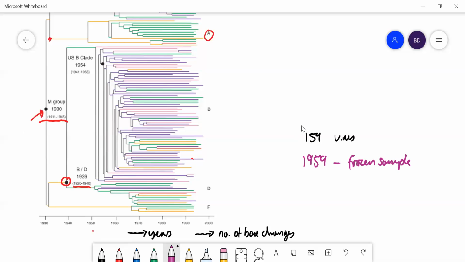They looked at the sequence of that to see where it fitted into their data. If you read the original paper, it said it fitted in at about 1957, according to their model. So they're getting a pretty good agreement between what they knew was around then and when it should have been there.